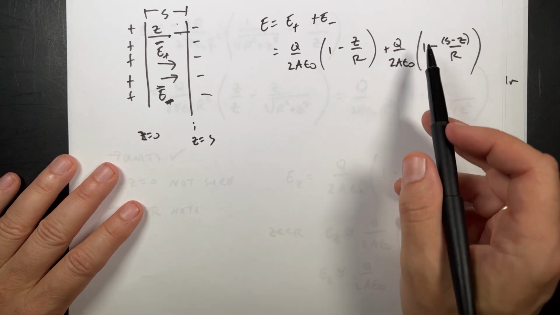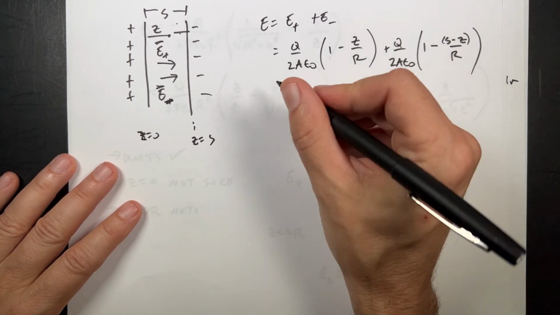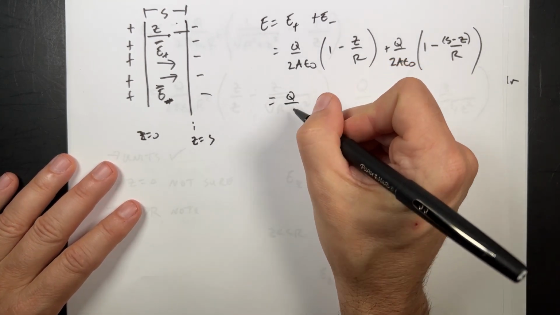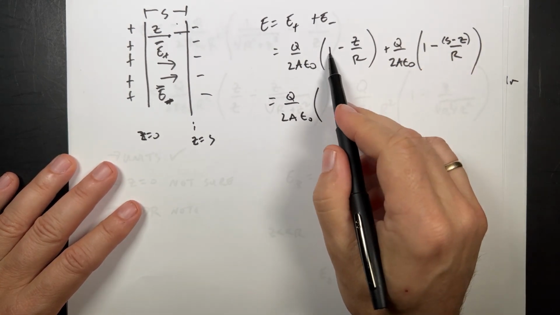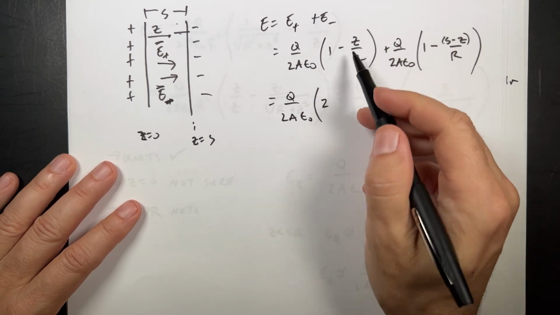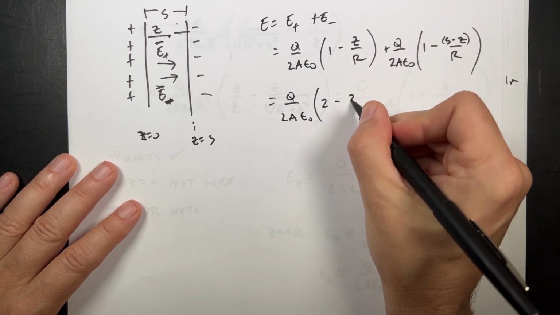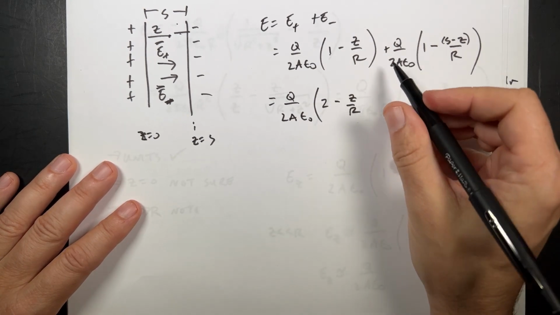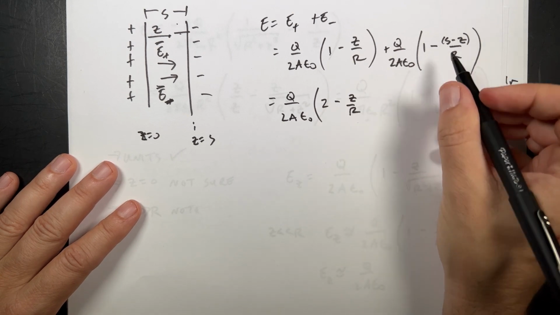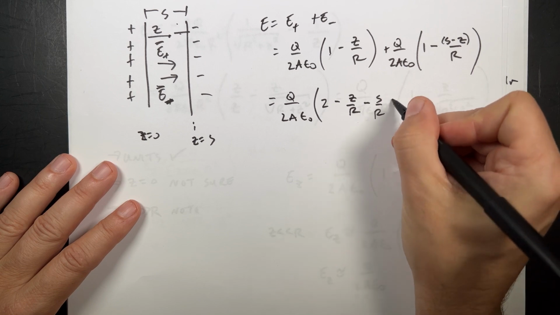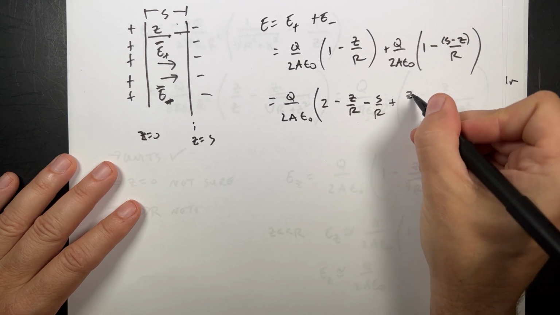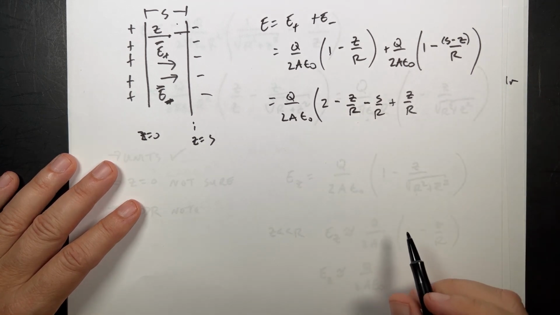So it does decay. Now if I add these two terms together, I can factor this out. I get Q over 2A epsilon naught, and then this plus that is going to be 2, and then minus z over r. I'm going to make this as two terms, so I get minus S over r plus z over r.